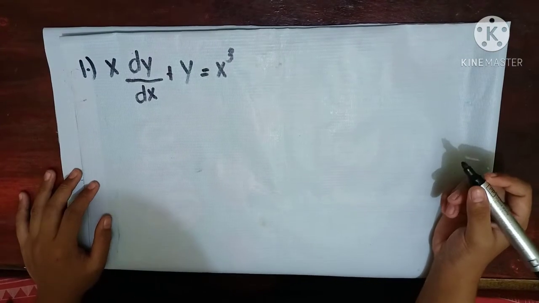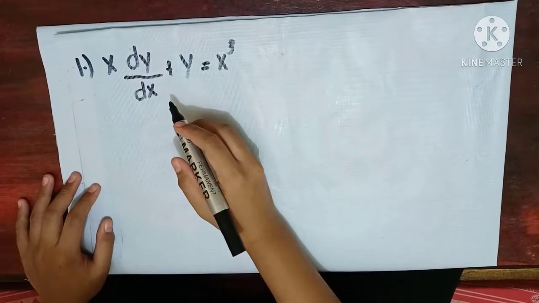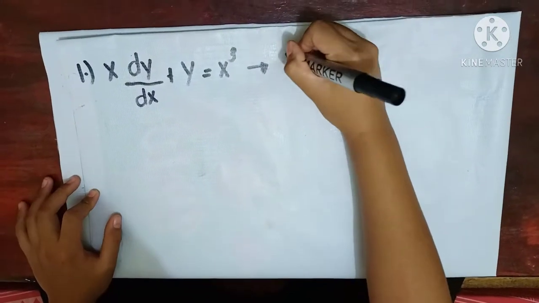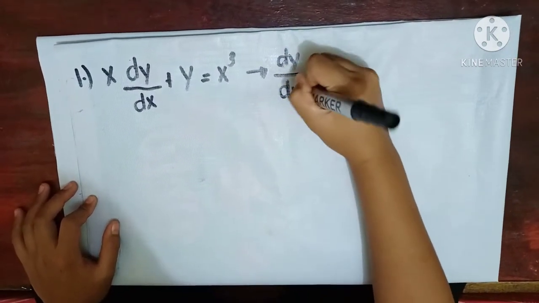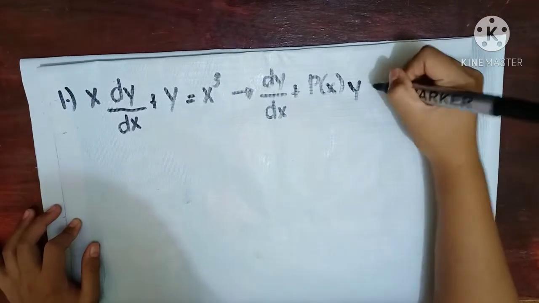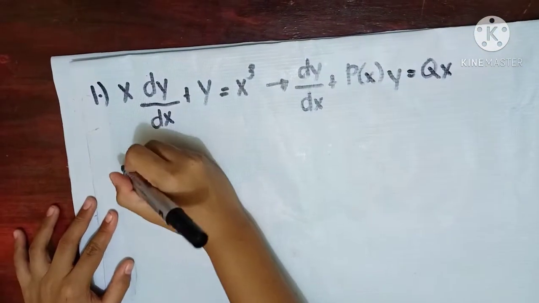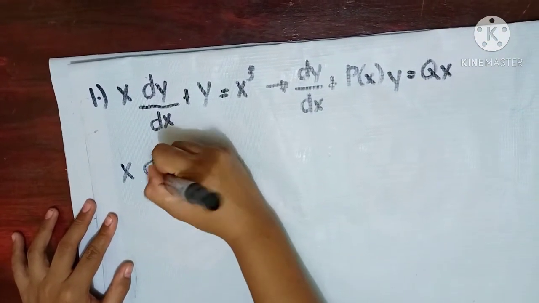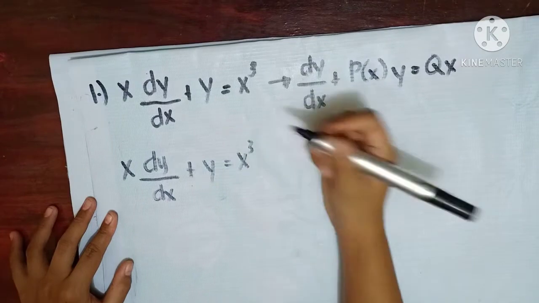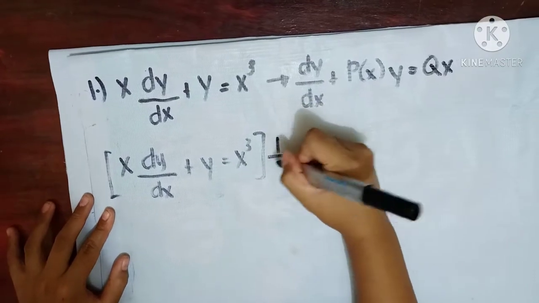We can see in this equation that this is dependent in y, so we will transform this into the form linear in y, which is dy over dx plus p of x times y equals q of x. So we will divide this first by x.